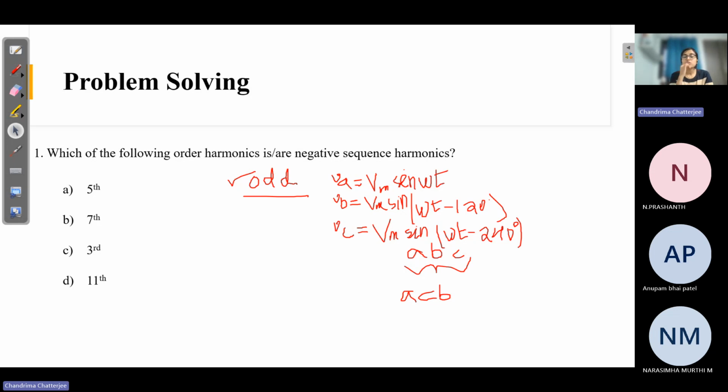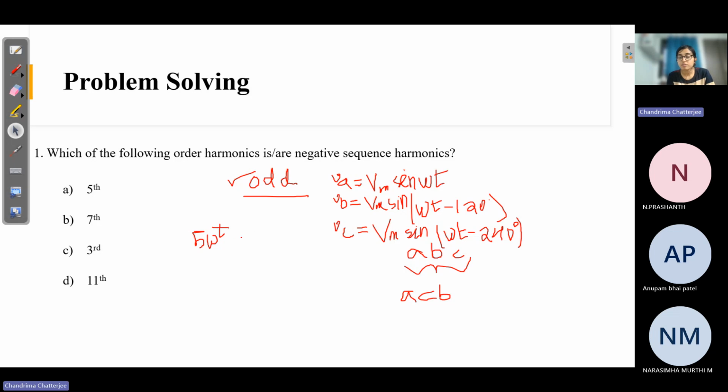Now for each harmonic, if you just calculate that angle, you will get to see some of them are positive sequence, some of them are negative sequence. For example, if you consider the fifth harmonic, in that case, it will be sine 5 omega t, because it is the fifth harmonic.